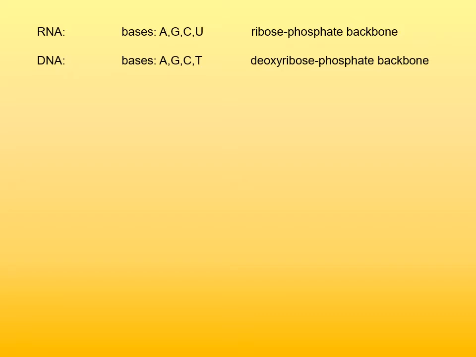In RNA, bases are adenine, guanine, cytosine, and uracil, and of course they are attached to sugar phosphate backbone or ribose phosphate backbone. In DNA, bases are adenine, guanine, cytosine, and thymine, and sugar phosphate backbone is deoxyribose phosphate backbone.